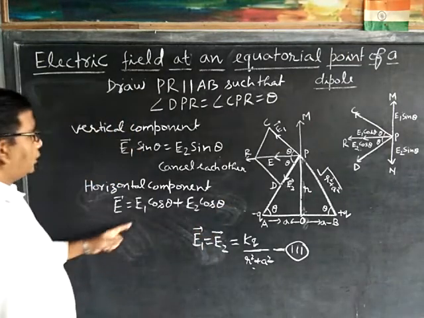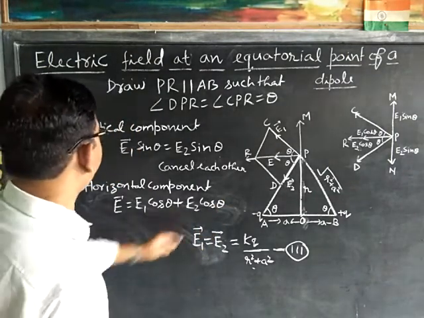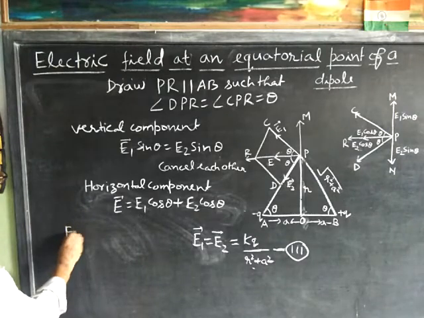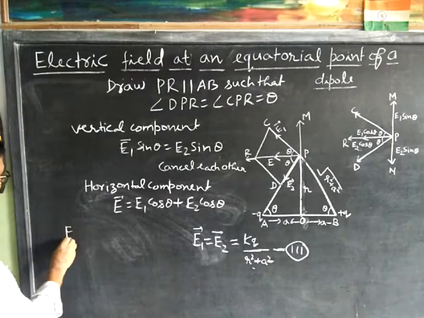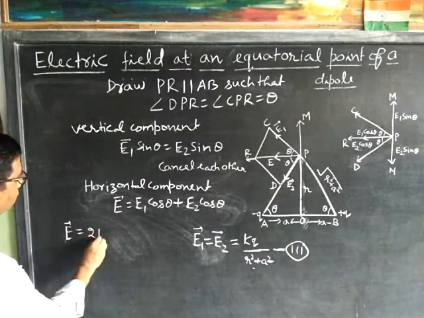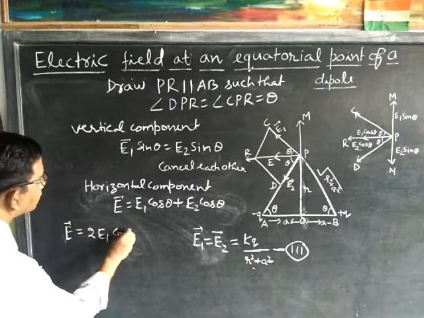Since E1 is equal to E2, we can write E is equal to 2 E1 cos theta.